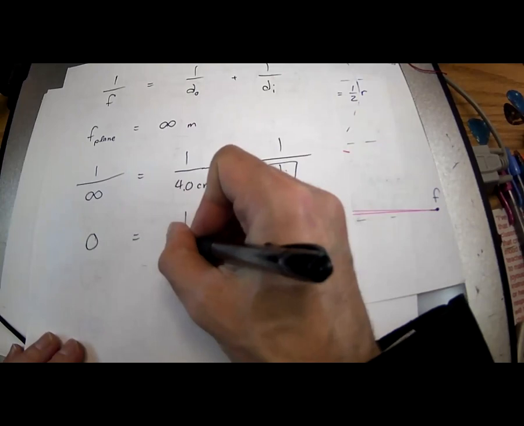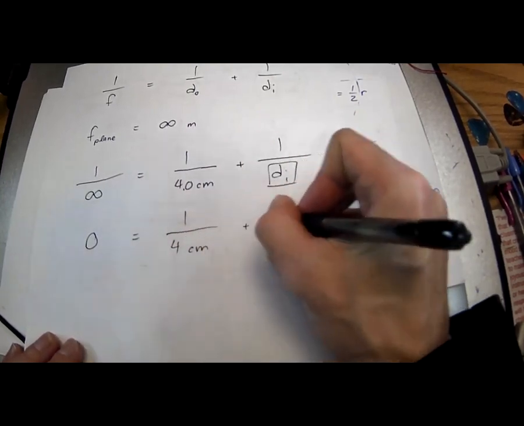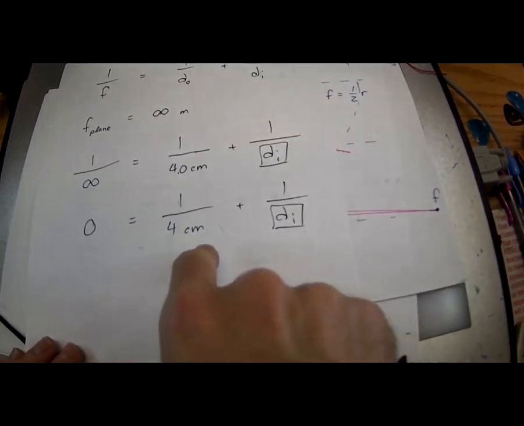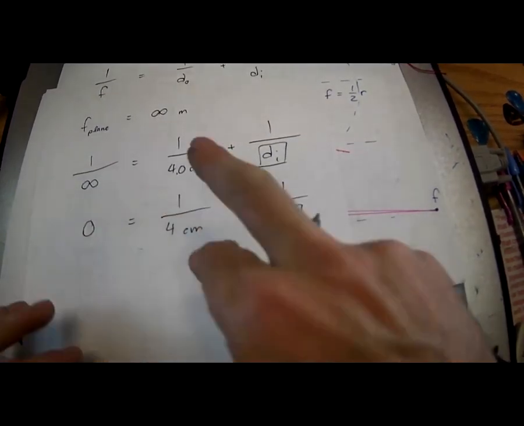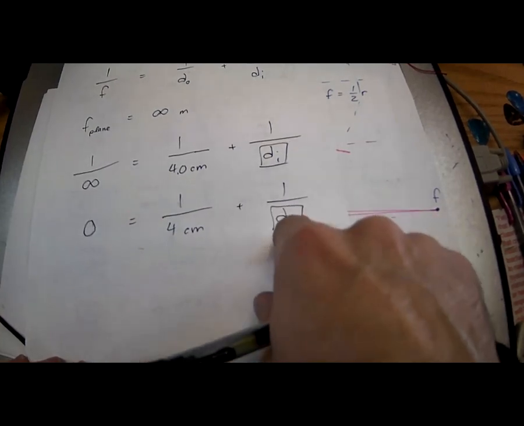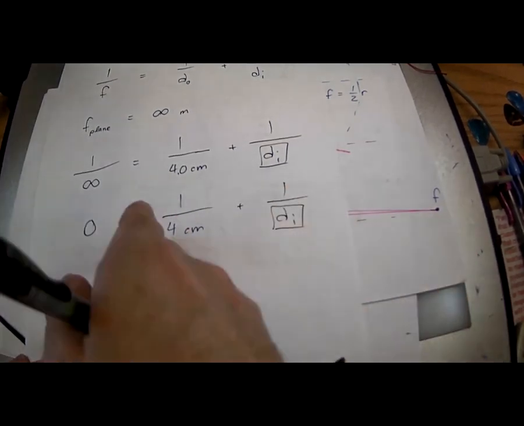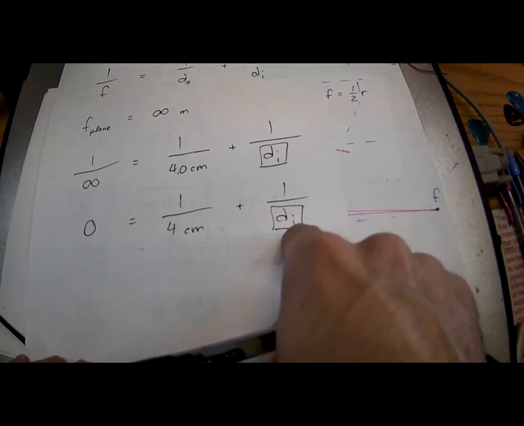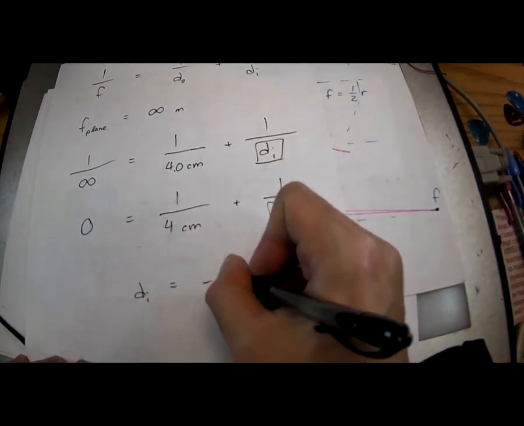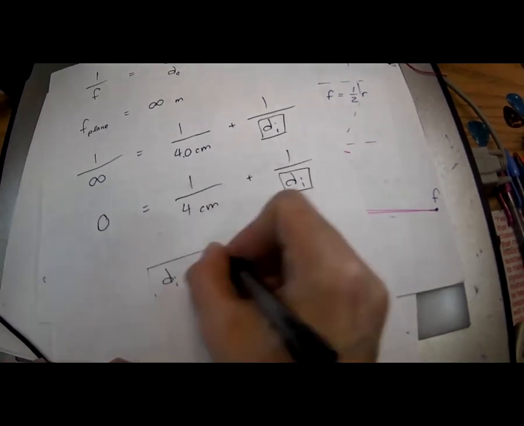But 1 over 4 centimeters plus 1 over distance image. Now, you could go through the algebra, subtract 1 over 4, take the reciprocal, or, if you like, at a glance, can you see the only number I can fit in here to balance this equation and zero it out? What does distance image have to be? Like -4 centimeters? Wouldn't that be true?